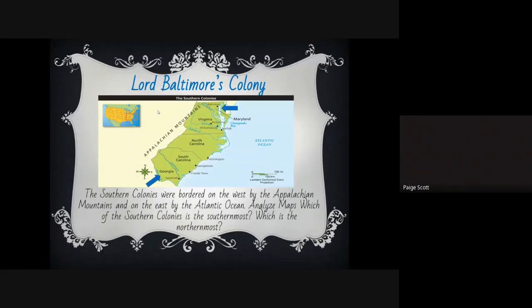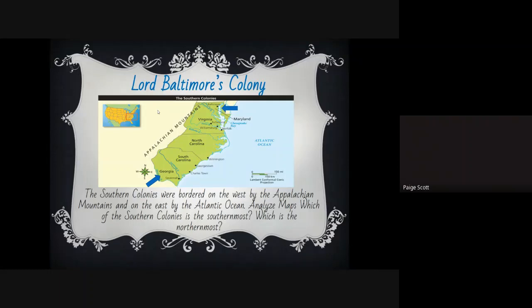So the southern colonies were bordered on the west by the Appalachian Mountains and on the east by the Atlantic Ocean. So with this picture, there also comes a question underneath, analyzing maps. Which of the southern colonies is the southernmost and which is the northernmost?